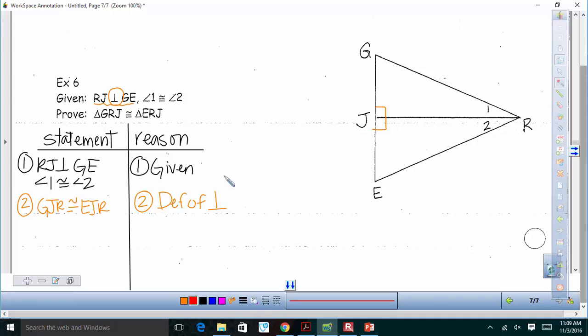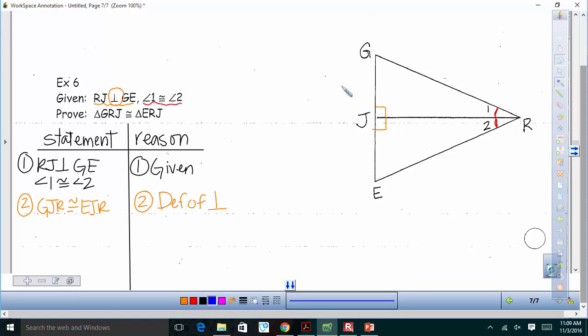The second thing I want to label is that angle 1 is congruent to angle 2. So angle 1 is here. Angle 2 is here. Do I need to write that down? No, because it's just given. Okay. Now, we've done everything in the given, so we're looking for something that's implied by the picture.